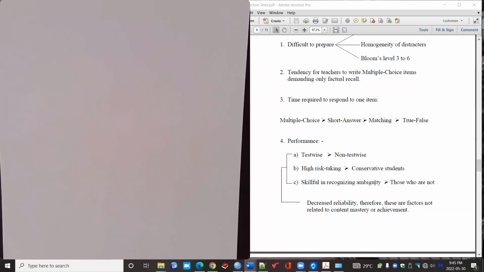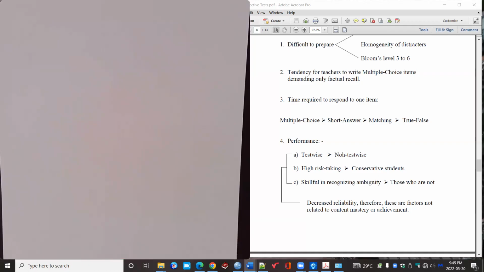recognizing ambiguity, that is to say, one very similar to the test-wiseness cases, right? If students could recognize ambiguity, recognize spelling mistakes, grammatical mistakes, they are likely to outperform those who are not skillful in this regard.